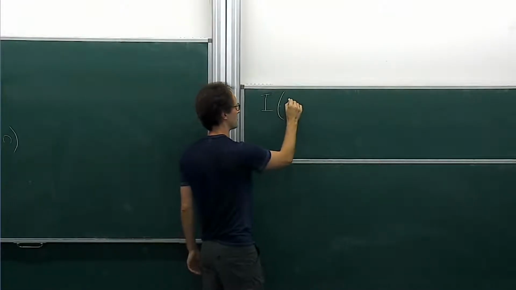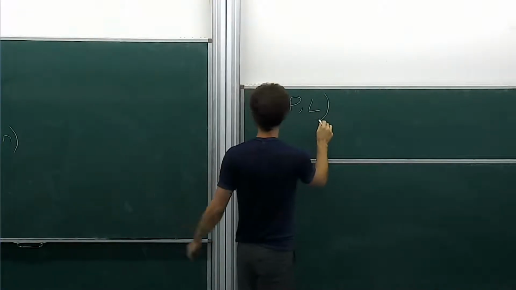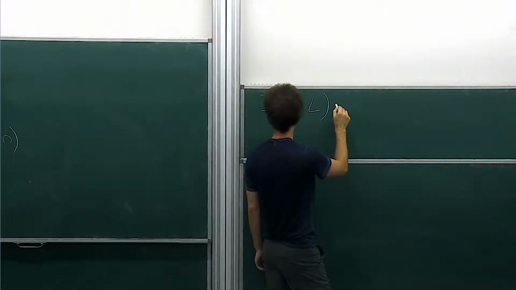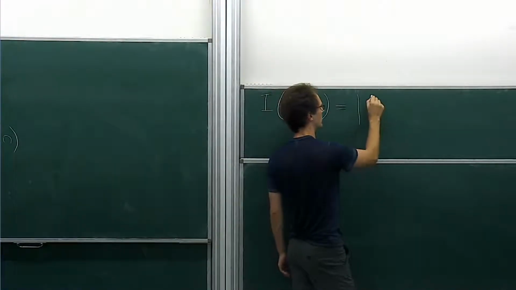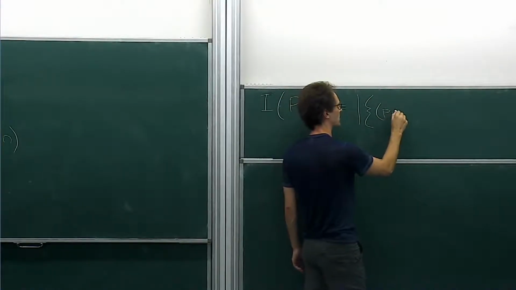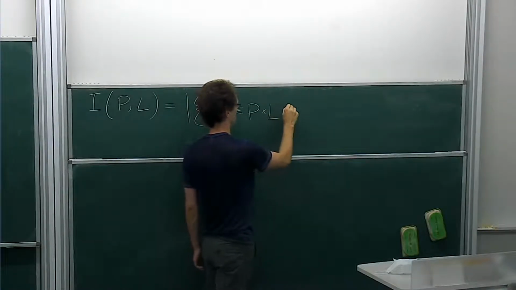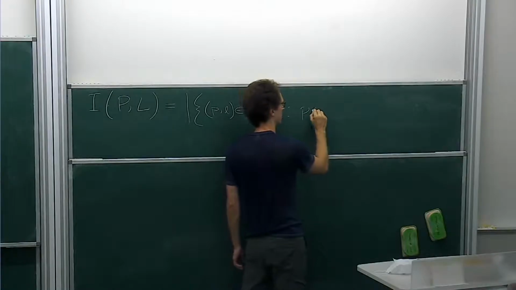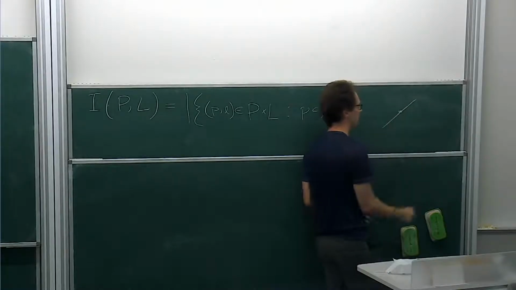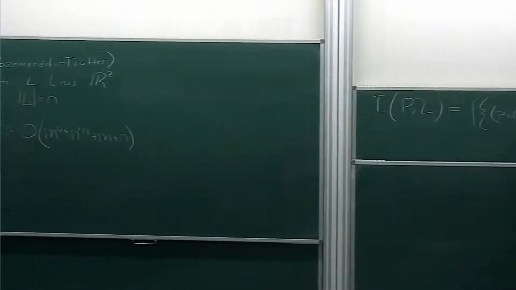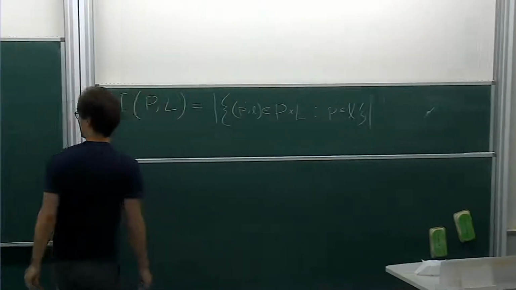Given a set of points and some geometric objects, in this case lines, but later on higher dimensional flats, the incidences between the points and lines will be the number of pairs (p, l) such that the point is contained in the line.